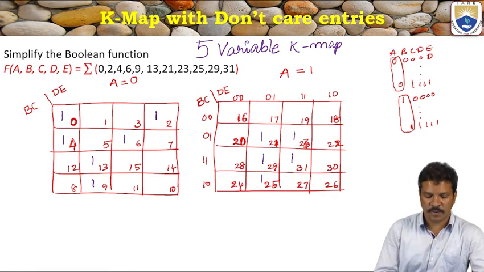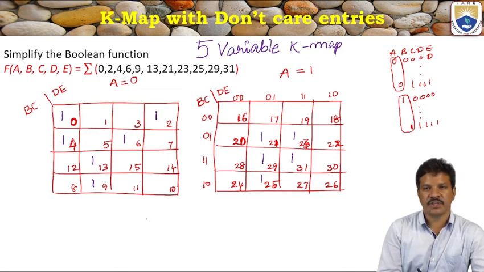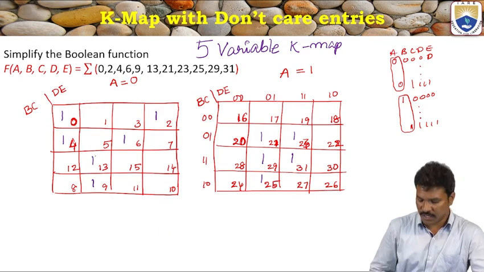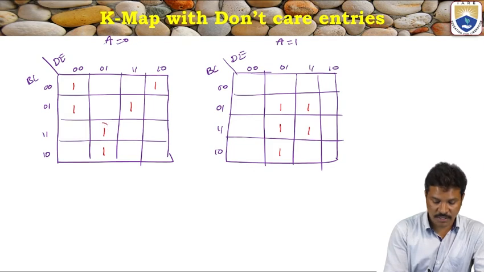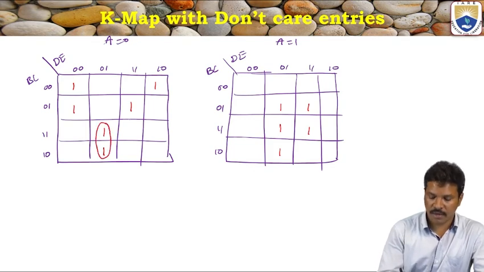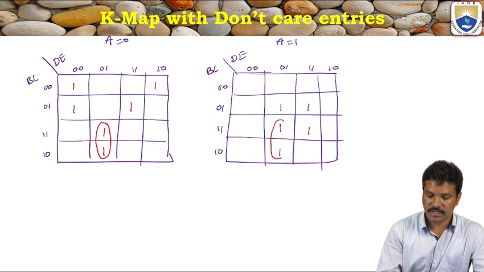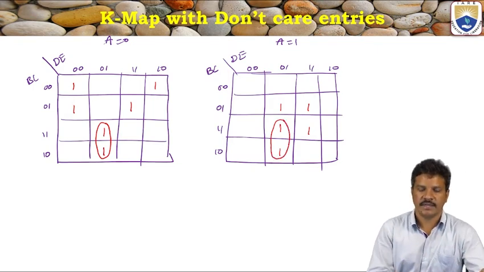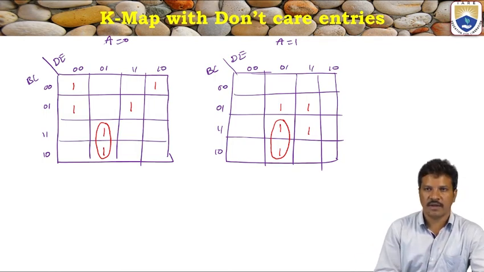Here, the most important thing: 13 and 9. 13 is adjacent to 29 in the second box, A equal to 1, and 9 is adjacent to 25. So they are adjacent together, and we can take that. If this is a pair and this is a pair, they are also adjacent. Here adjacent and here also in the same box.